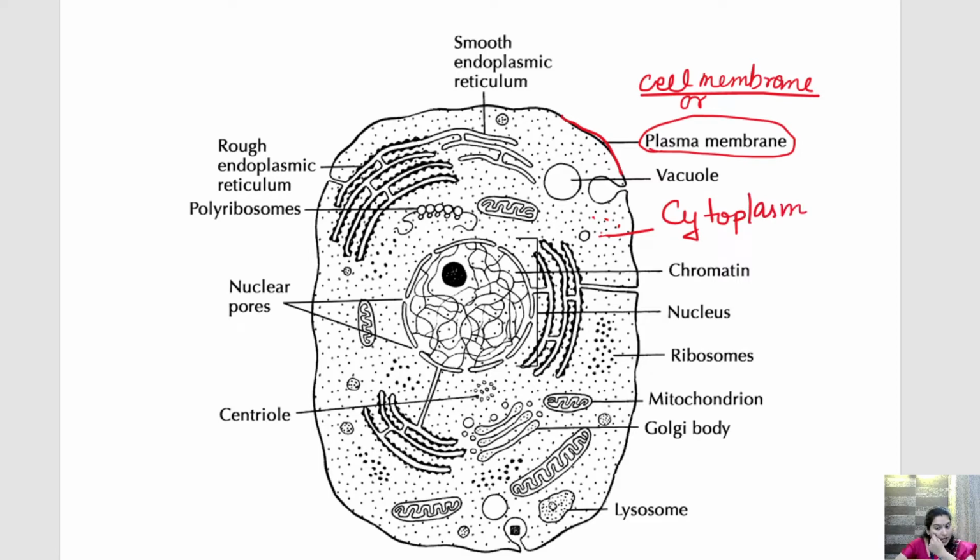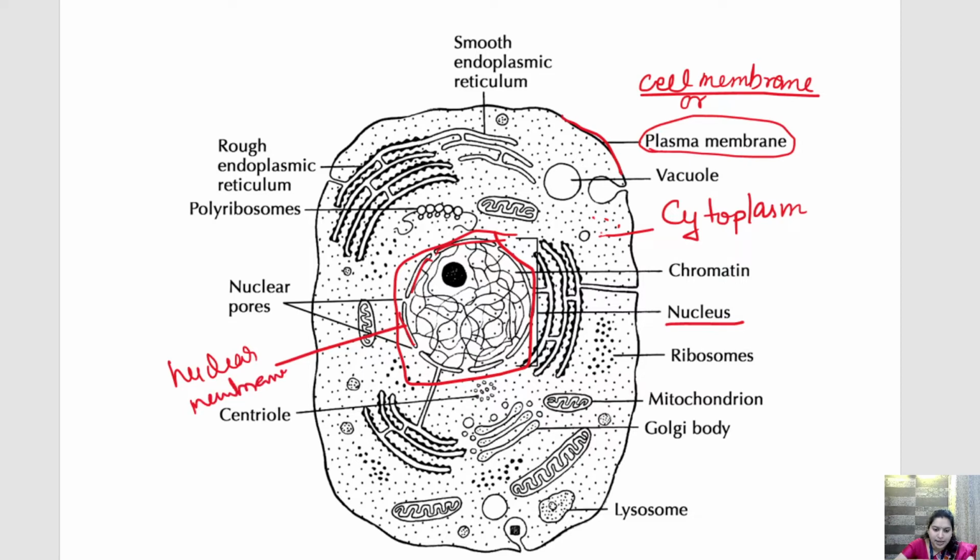Alright, now in the center here we have a nucleus. This complete part you are seeing here is the nucleus. This wall that you can see here is called the nuclear membrane.